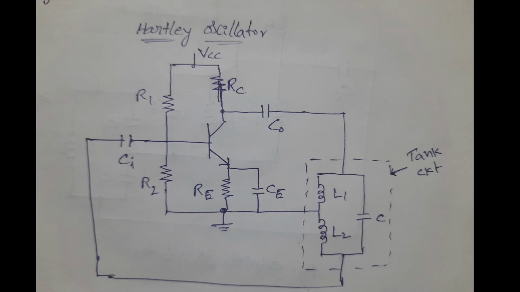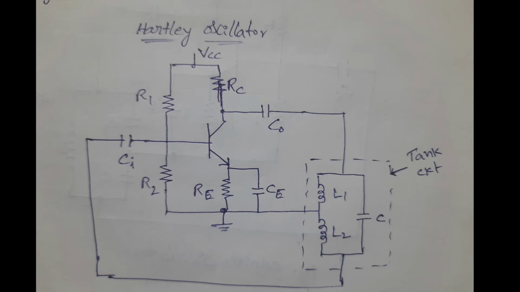Next, the capacitors C_i and C_o are the input and output decoupling capacitors, while the emitter capacitor C_E is the bypass capacitor used to bypass the amplified AC signals.